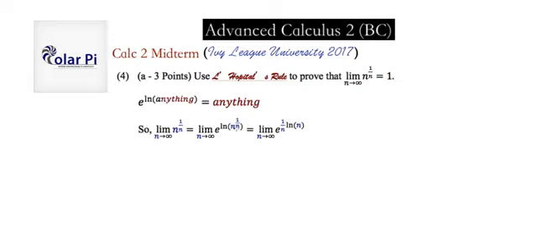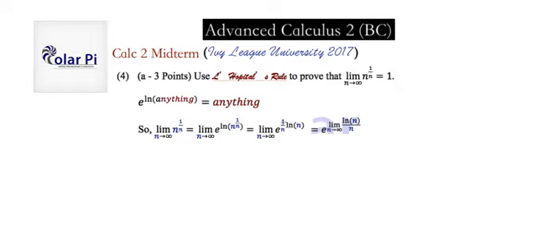Now, in the exponent of e, I can apply the properties of logs, in particular the property of the natural log, and write this 1 over n in front of ln. That's what I've displayed in this last step. From there, I've done two things.